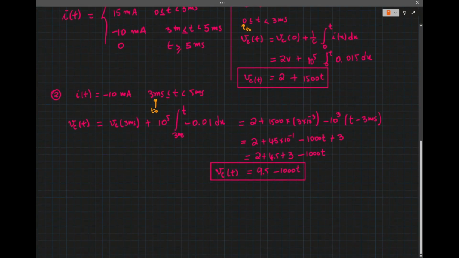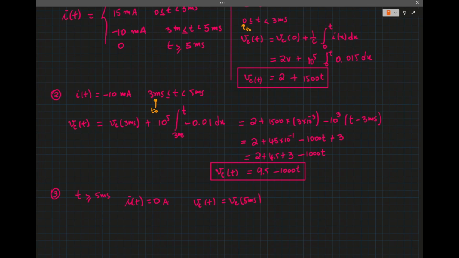And the last one, when t is bigger or equal to 5, then the current is 0. So IC of t is equal to 0. So in that case, VC of t will be VC of 5 millisecond plus 0.